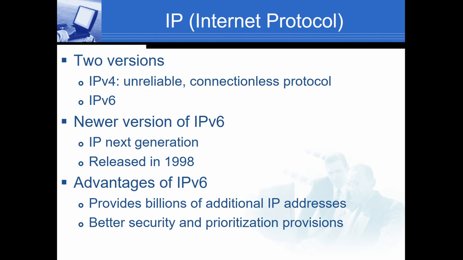IP has two versions, version 4 and version 6. Version 6 is newer. That's 128 bits, where IP version 4 is 32. The videos again show that to give you a pretty good sense of how it's laid out. And the advantage is with IPv6 you're never, ever going to run out.